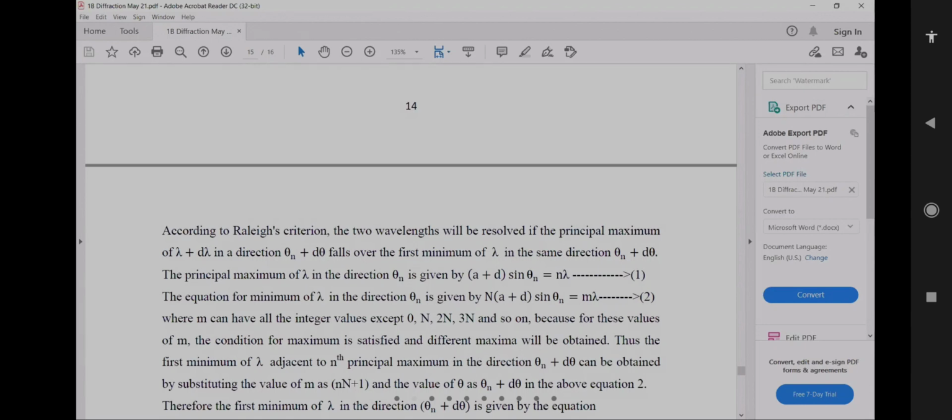So thus the first minimum of lambda, adjacent to nth principal maximum in the direction theta n plus d theta, can be obtained by substituting the value of m as nN plus 1 and the value of theta as theta n plus d theta in the above equation.